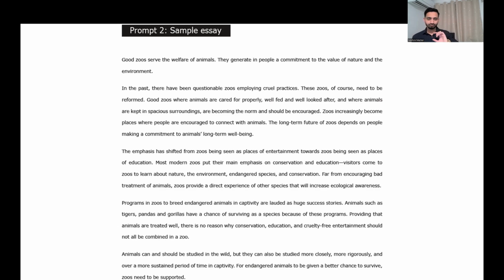Now, paragraph 2, the emphasis has shifted from zoos being seen as places of entertainment. So previously it was used as entertainment. People were entertaining themselves looking at these animals. Now it's changing. So it talks about zoos being seen as places of education, and now it's seen as places of education rather than entertainment.